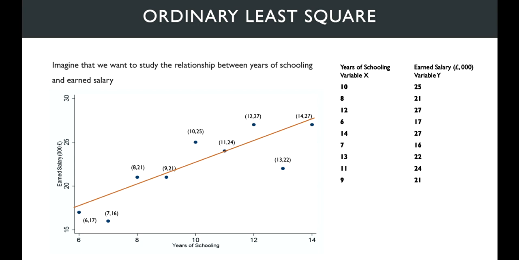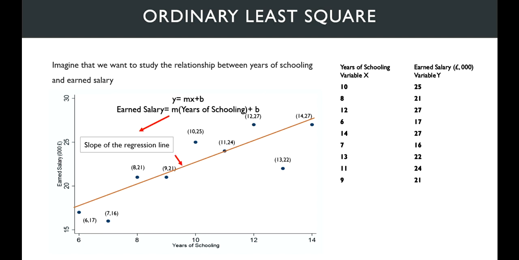And because it is a straight line, we can mathematically represent it by the equation for a linear line, which is y equal to mx plus b, where y is the earned salary and x is years of schooling, and m represents the slope of this regression line, and it simply measures the effect of the change in the years of schooling on the earned salary.